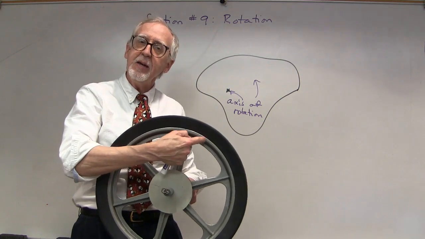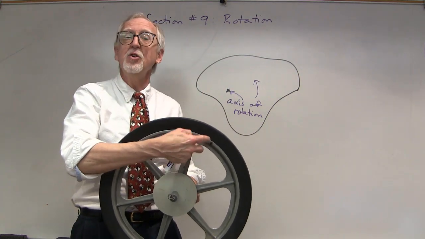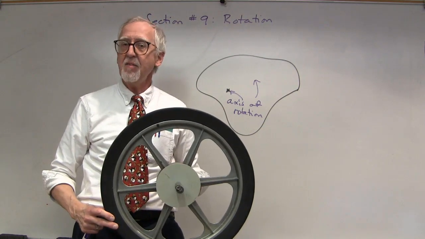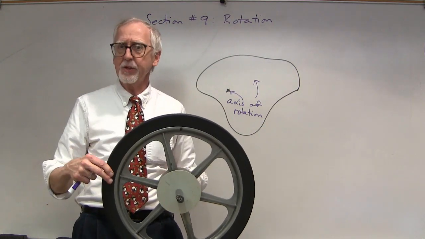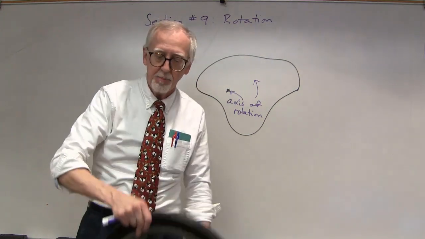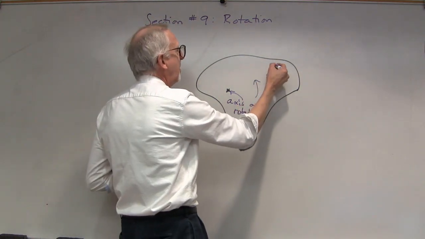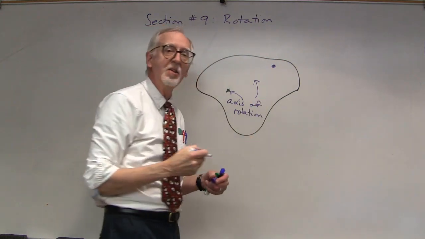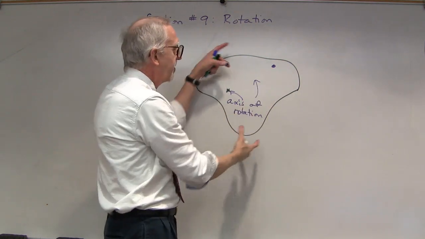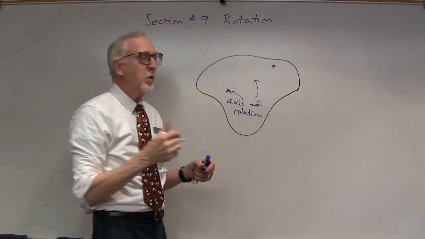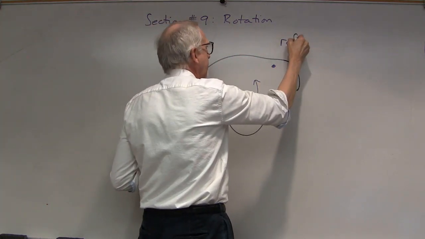That will allow us to identify the orientation. The dot over here is different than having the dot over here. With a wheel it doesn't look any different, but if we had some irregularly shaped object with some point attached to the object, when this rotated around, that point would move around. This point we will call our reference point.